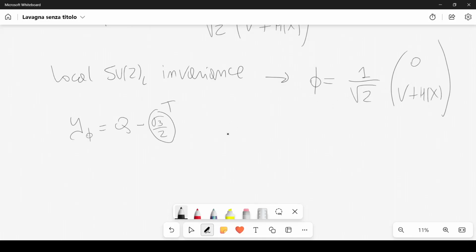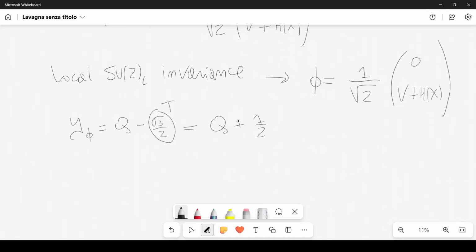The second eigenvalue for sigma 3, if you recall, is -1. So the second eigenvalue for sigma 3 over 2 is -1/2. So we can write this as Q plus 1/2 basically. And as I said, this is due to the fact that we have an SU(2)L doublet and we are considering only the second component of phi.